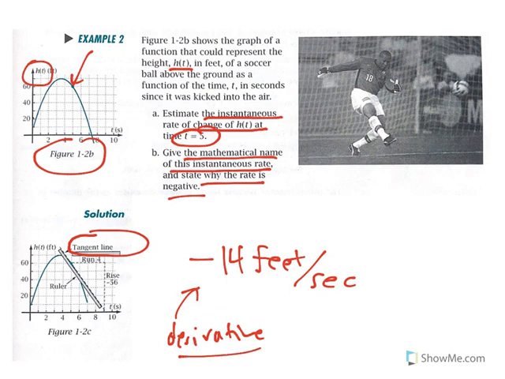And why is this rate negative? The ball is falling at that point in time, and that's why the rate is negative. Also, from the slopes that we calculated, we can see that as time went forward, the heights were falling. So that's why we see that there is a negative rate of change, showing that the ball is falling.